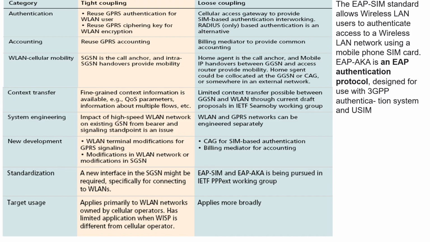The target usage in the tightly coupled case applies primarily to wireless LAN networks owned by cellular operators. You would suggest a tightly coupled system only if the wireless LAN provider and the cellular network provider are one and the same.